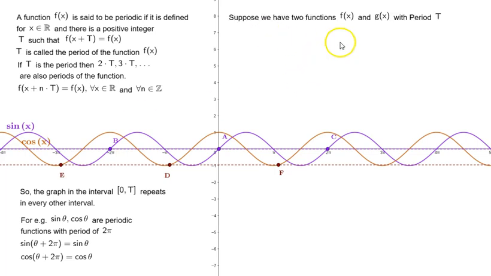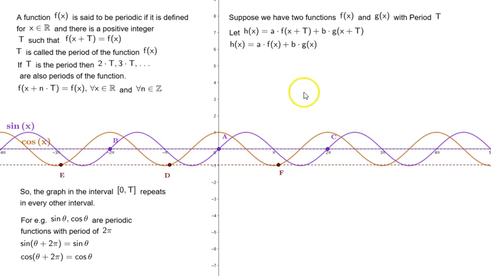Now, suppose we have two functions f of x and g of x with period t. Here itself we have such two functions, sine and cos. Let h of x be equal to a times f of x plus t plus b times g of x plus t.